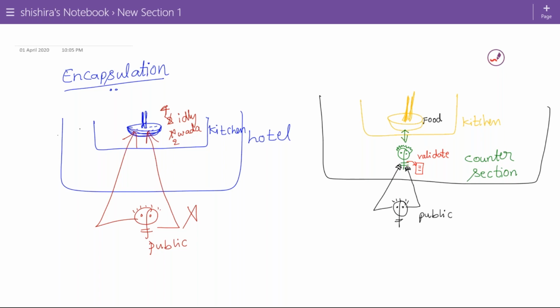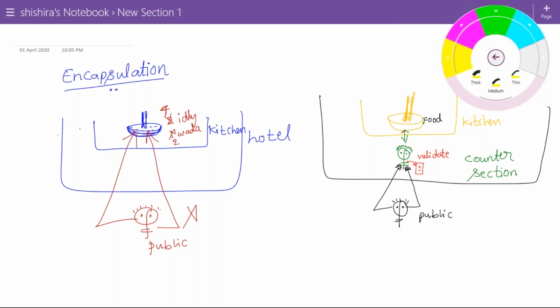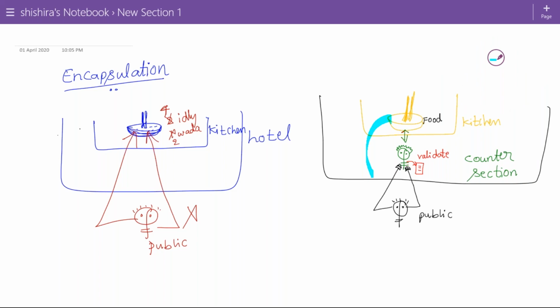After validation, this person accordingly gives the food to you. So it means you wanted that food, and you are going to get this food, but not directly, indirectly through this person.